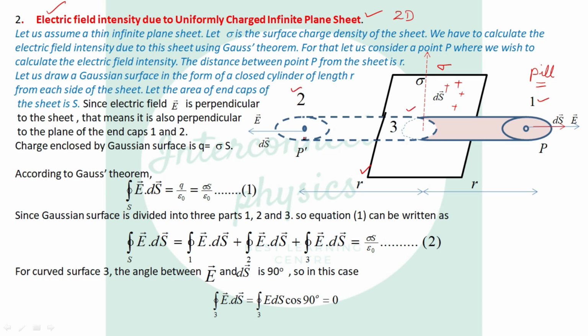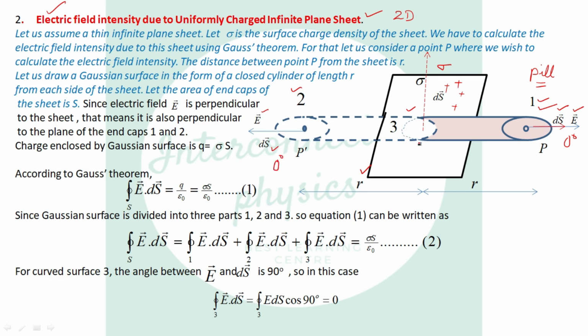For part 1, the electric field and area vector are in the same direction, because the area vector is the vector which is perpendicular to the surface and directed outward. So the angle is 0 degree. And for part 2, the E vector and ds are also in the same direction, again the angle is 0 degree.